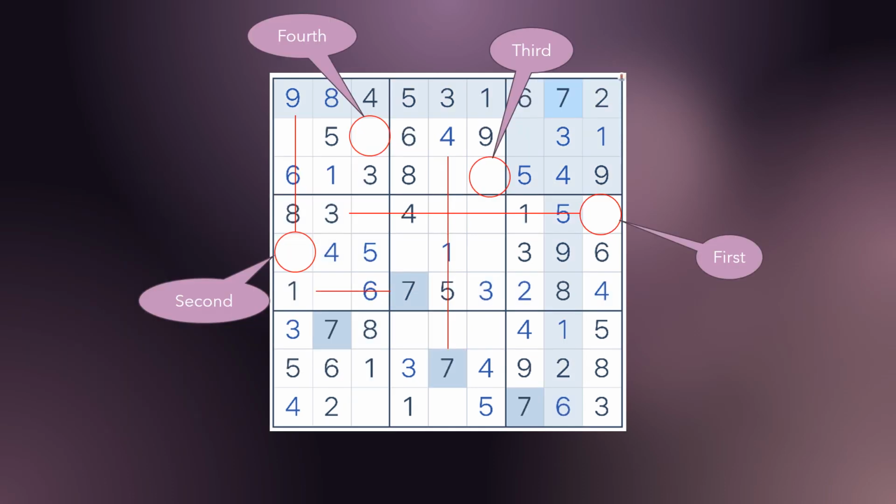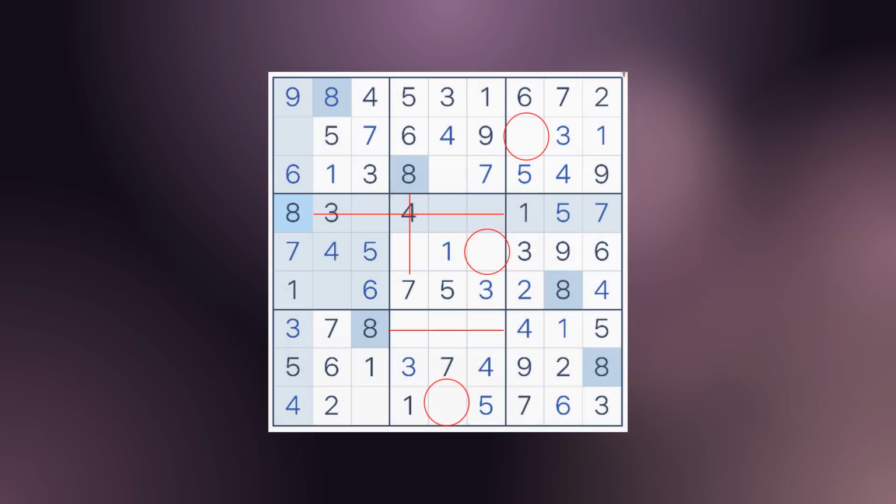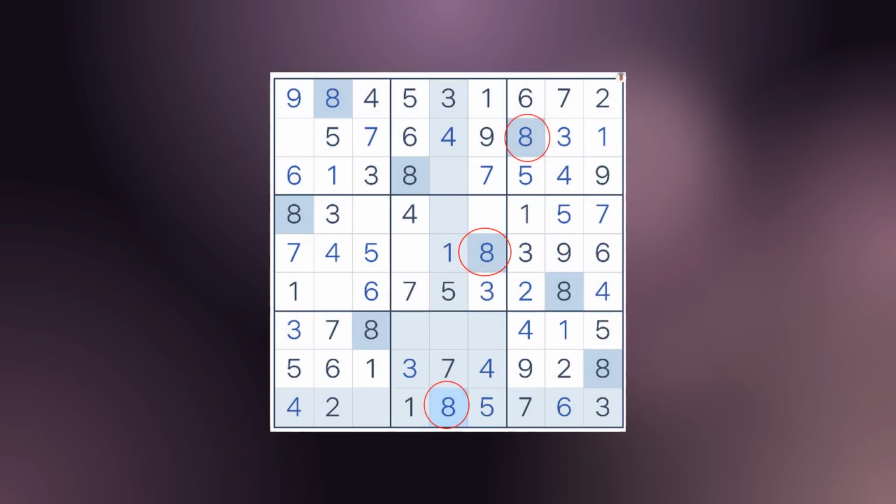Moving on to 7s, view the red circles in order of labels. Use the red lines. Can you solve for the missing 7s? This shows the missing 7s filled in. Moving on to 8s, view the red circles. Using the red lines, can you solve for the missing 8s? This shows the missing 8s filled in.